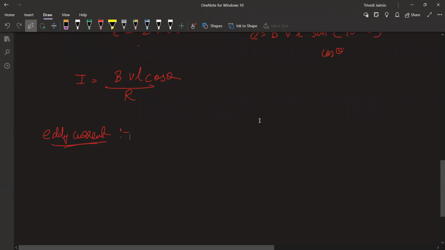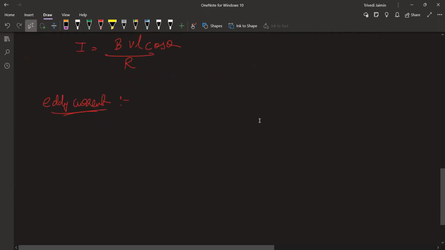Anyone remember what is eddy current? It is just like induced current. What happens when magnetic flux linked with a conductor changes? That is just induced current, a similar type. Now what is the application? Any application?